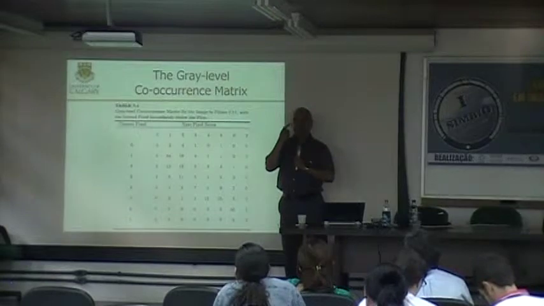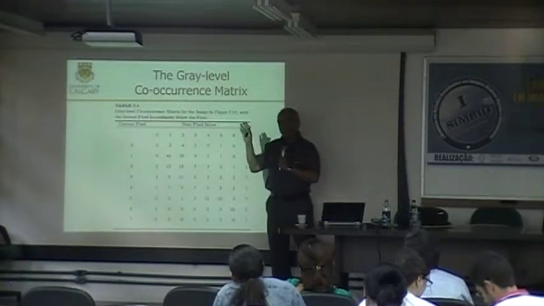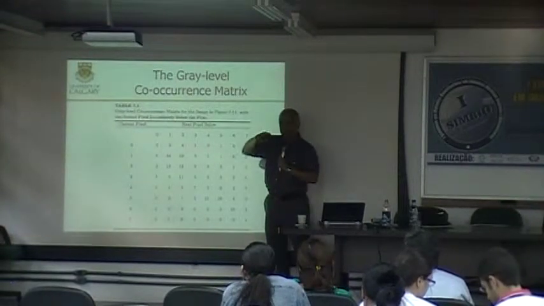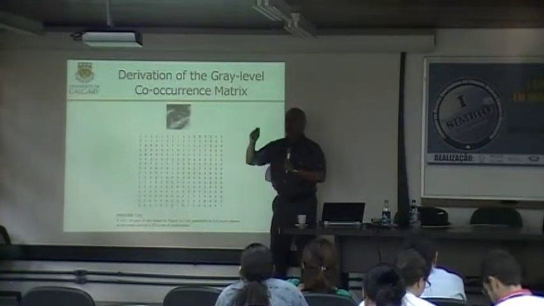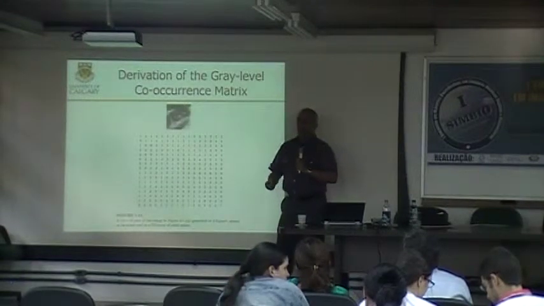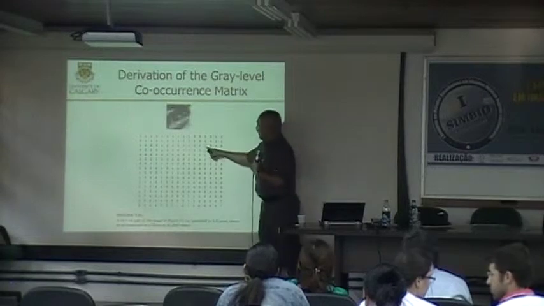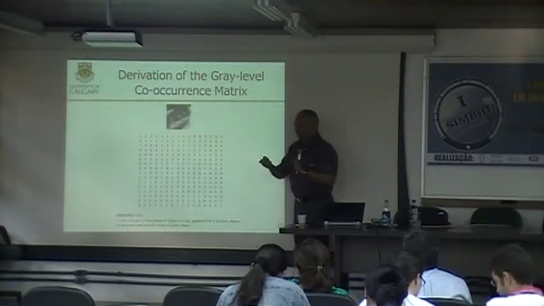There is a white part, and then there is the black part of the eye. I don't have black, I have brown, but it's grayscale. Still, adjacent pixels tend to have similar values. 2, 3. You don't get 7 and 0. You don't get 1 and 6 side by side. Very few. But you get 2 and 2, 4 and 6, 4, 5, 3, 2 side by side more often.